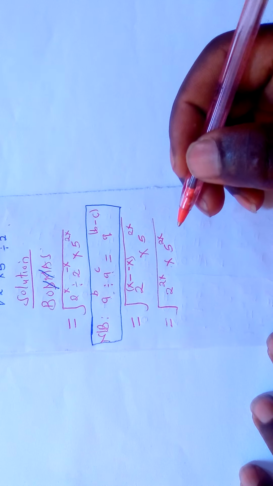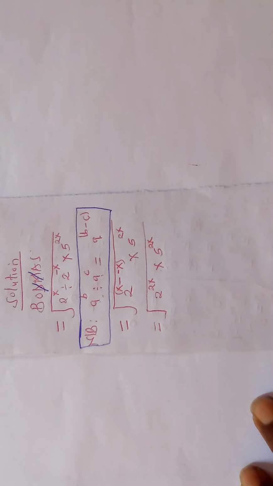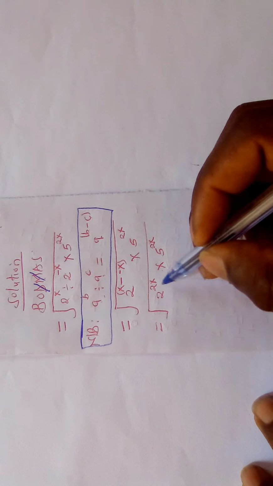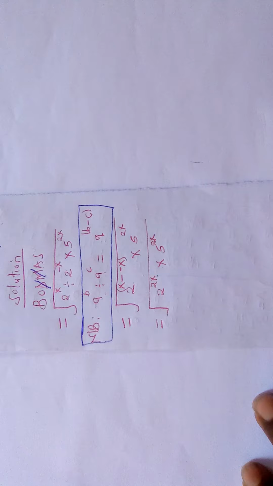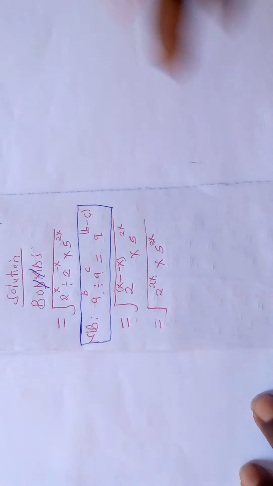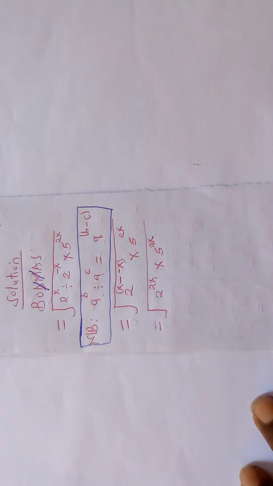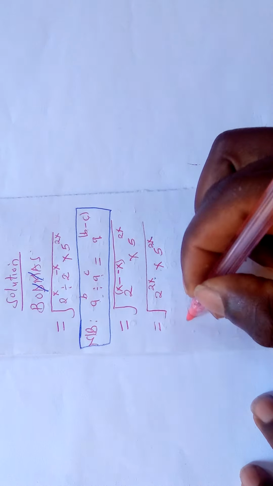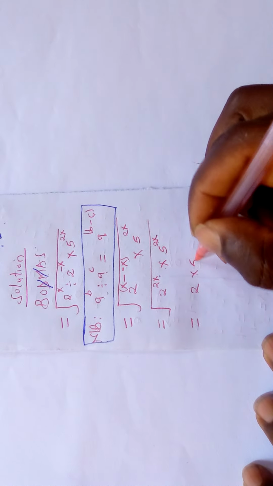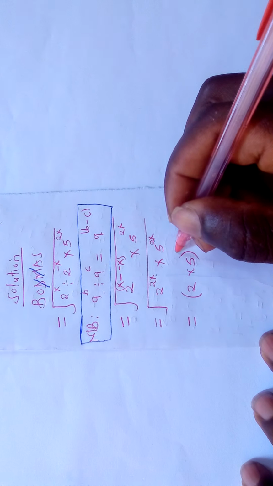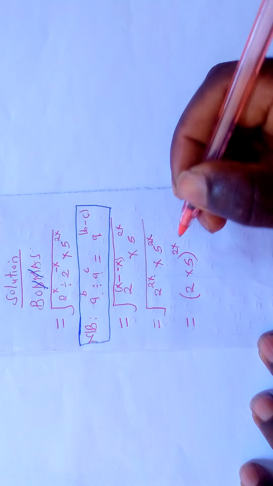When you look at the powers, the first power, 2x, together with this 2x, they are the same. So when I use one power, I'll have 2 times 5, then I put the power outside.